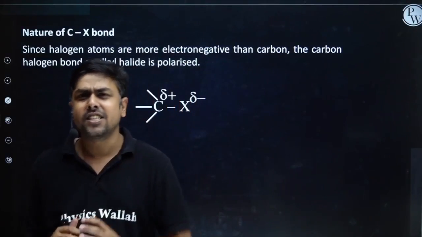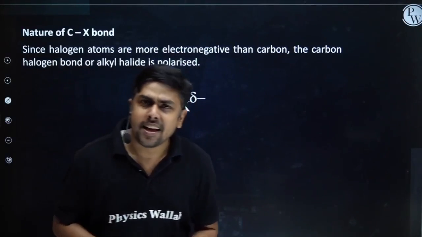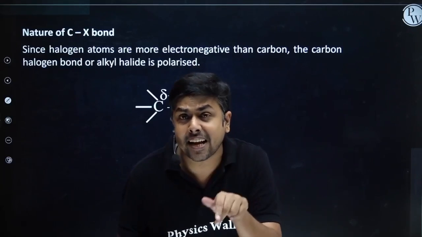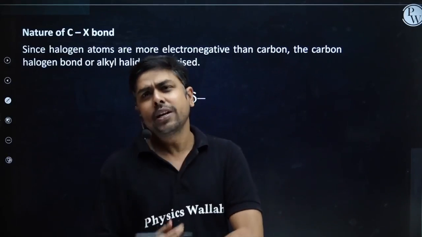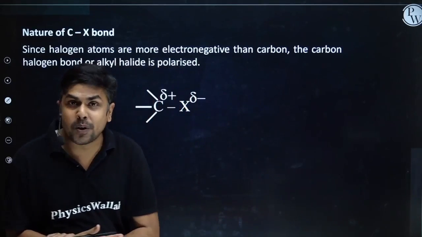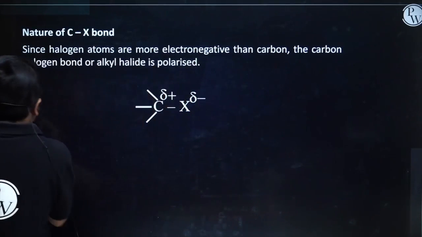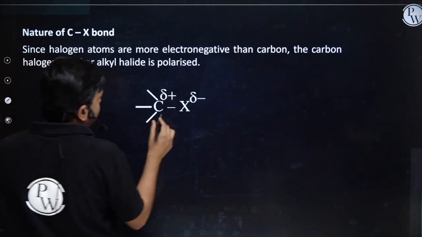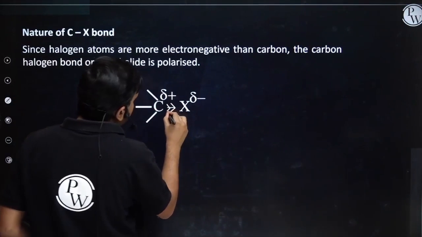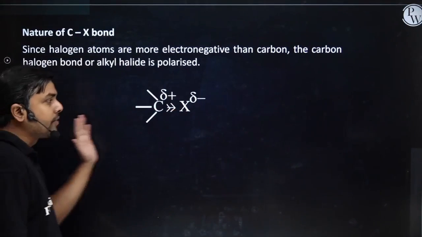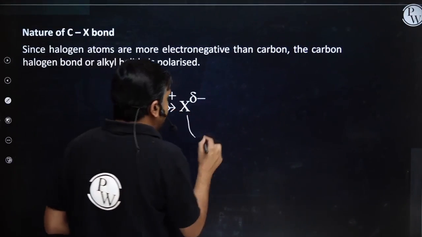If we look at the structure of alkyl halide, here halogen is directly attached to carbon atom. Between carbon and halogen, which one is more electronegative? Halogen. If it is more electronegative, because of inductive effect, can I say all the sigma electron clouds will be shifted towards halogen atom?